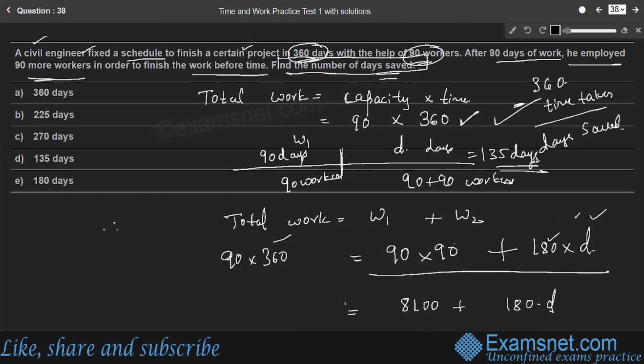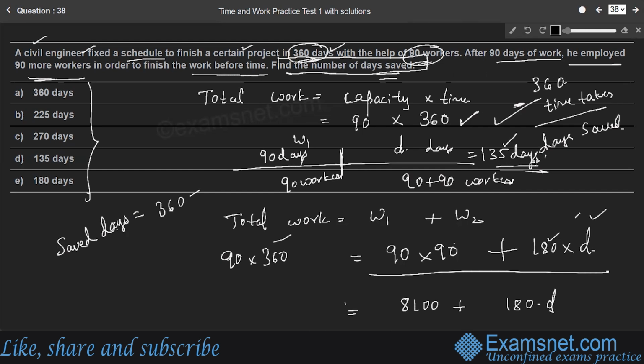So to find the number of days saved, we'll check whether this option is given in the five options or not. Actually, they took 135 days. Saved days are, according to his plan, he could complete the project in 360 days, minus what they actually took, 135 days plus 90 days.